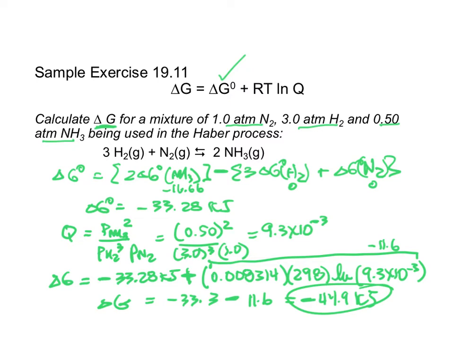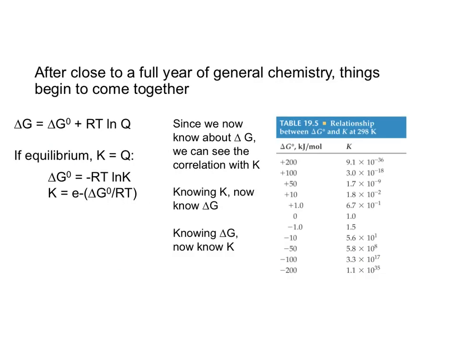Okay, second last one on here, where we actually talk about something. After close to a full year of Gen Chem, things are finally beginning to come together. So we have the correction equation, and at equilibrium, our Q is equal to K, and also at equilibrium, we have a delta G equal to 0.